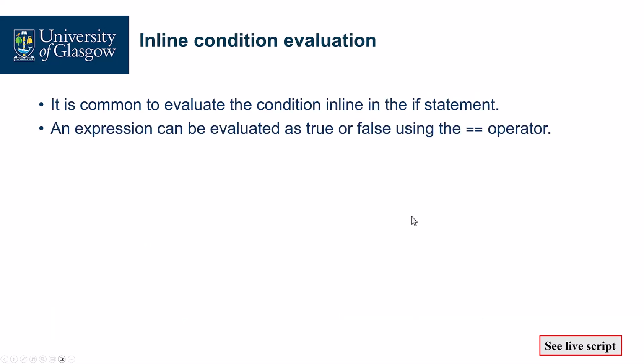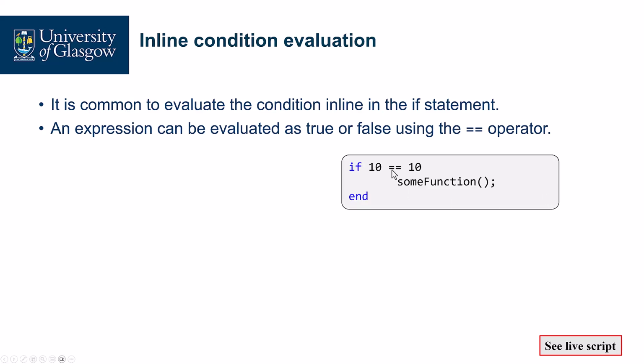Normally after if there is an inline condition evaluation, and we use this symbol as in other languages, two equal signs, to judge if the expression is true or false. For example, if 10 equals 10, we judge this is true, and this is always true, right?